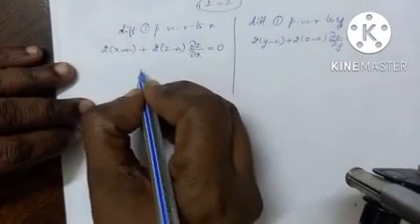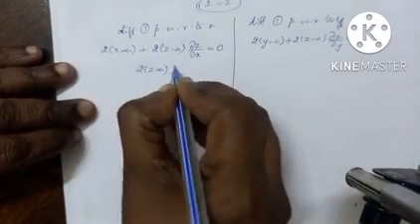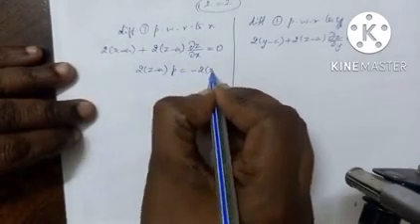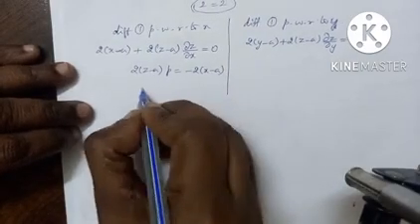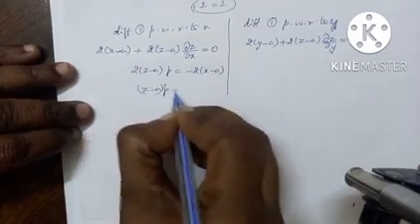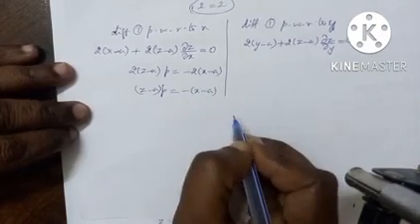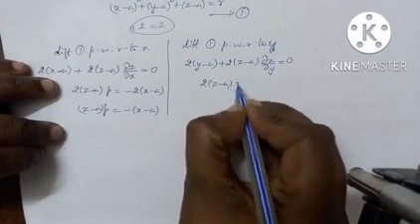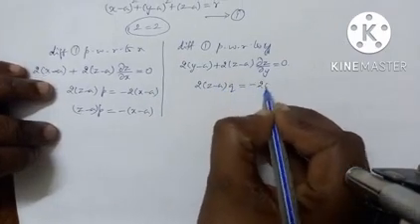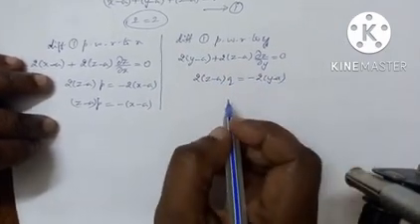I can write it as 2 into z minus a into p equal to minus 2 into x minus a. Both sides 2 get cancelled. z minus a into p equal to minus of x minus a. Similarly here, 2 into z minus a into q equal to minus 2 into y minus a.